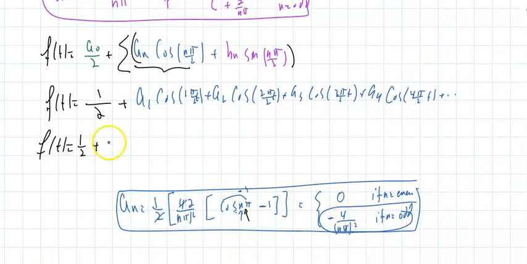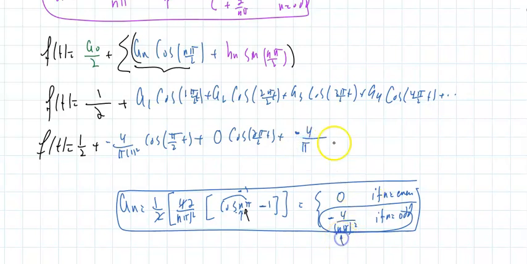So I'm going to get negative 4 over pi times 1 squared the cosine of pi over 2t plus, how about a sub 2? 0 the cosine of 2 pi over 2t. A sub 3, negative 4 over pi times 3 squared the cosine of 3 pi over 2t. A sub 4 will be 0 and the list goes on. Okay, that's very good. That part is done.